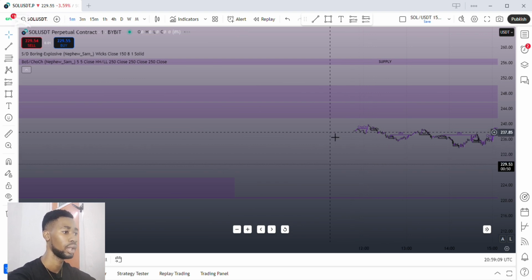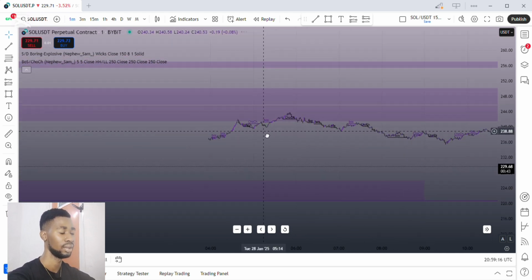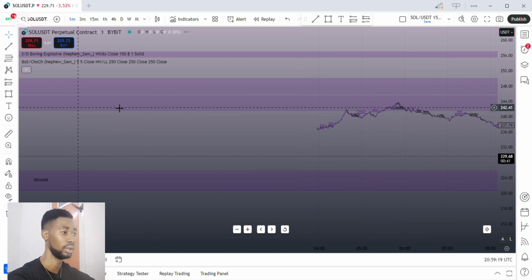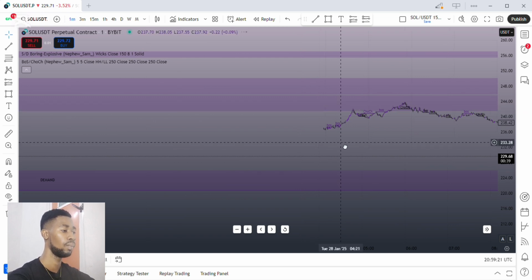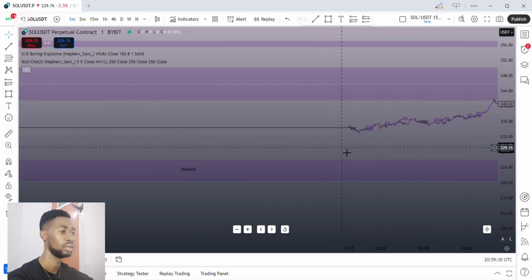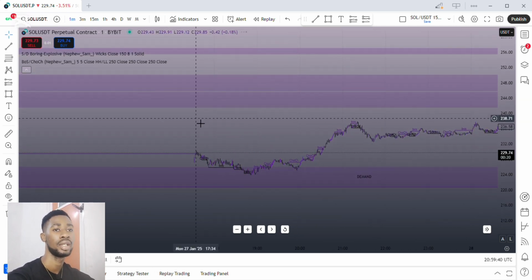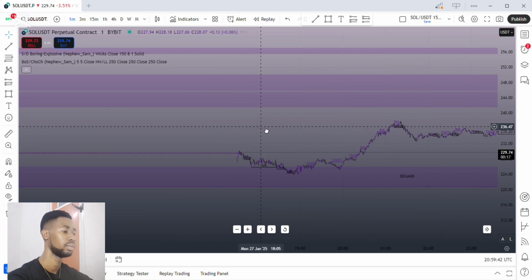Okay, I think we're now at the marked demand zone that happened on Monday. Almost done. Now this is Monday. You just need the chart to load properly.